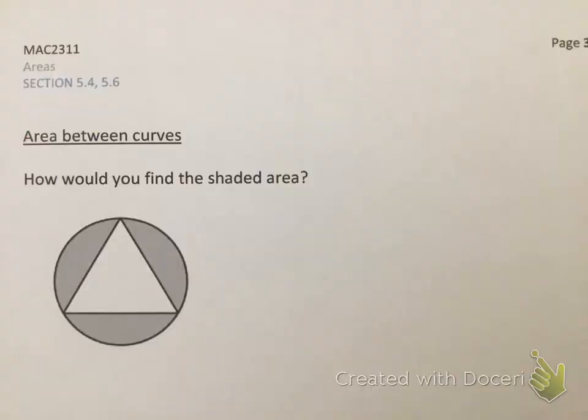So let's talk about finding an area between curves. So look at the picture here that you see of a circle with a triangle in it, and suppose that you are trying to find this shaded region in here.